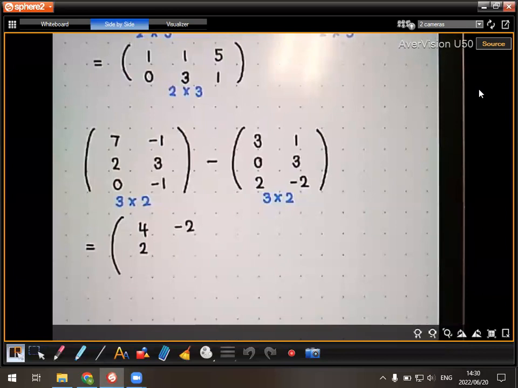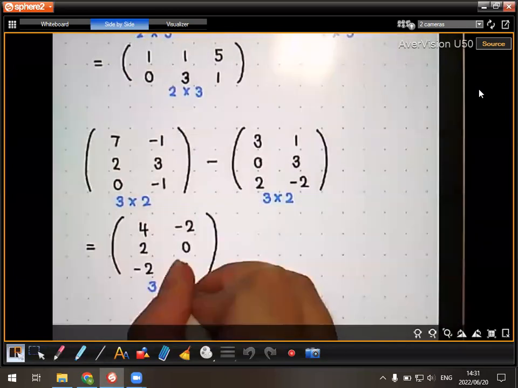Okay. Let's get to this answer here. I'm just going to put my bracket in again. Now we are subtracting. So now we need to say 7 minus 3 is 4. Yes, you agree? Next one. Negative 1 minus 1 is negative 2. 2 minus 0 is 2. 3 minus 3 is 0.